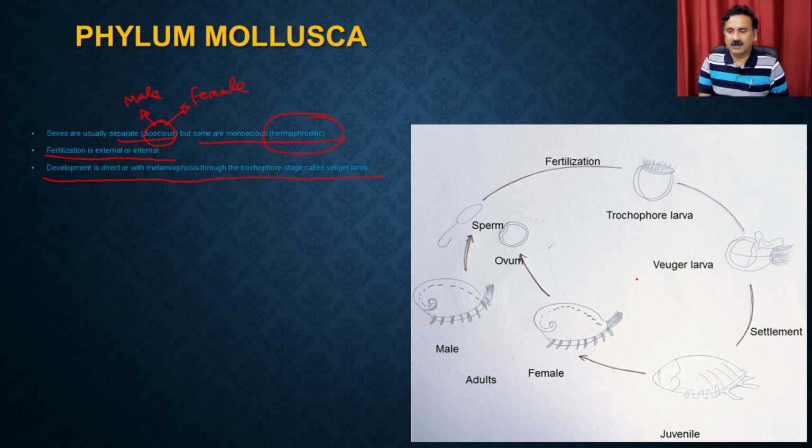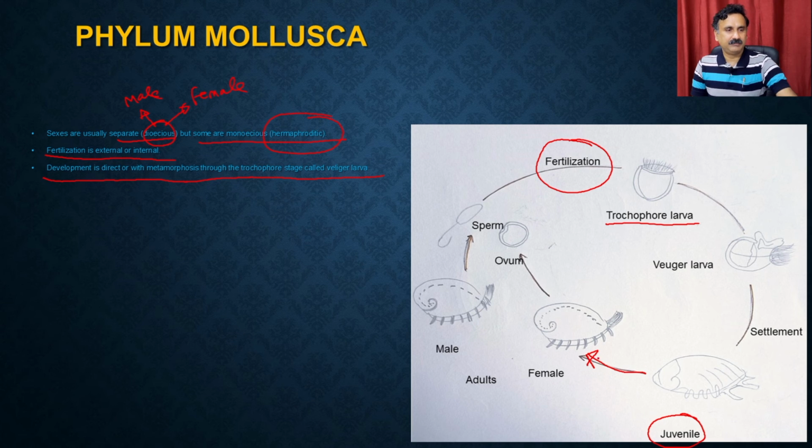So this is what it is showing here, right? Say for example the male produces the sperm and the female produces the ovum, and then they go through fertilization, forming the larva. This larva eventually goes through developmental stages and produces the juvenile animals, and the juvenile animal eventually develops into the adult.